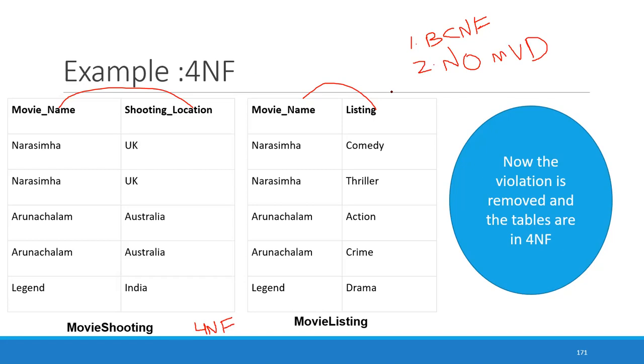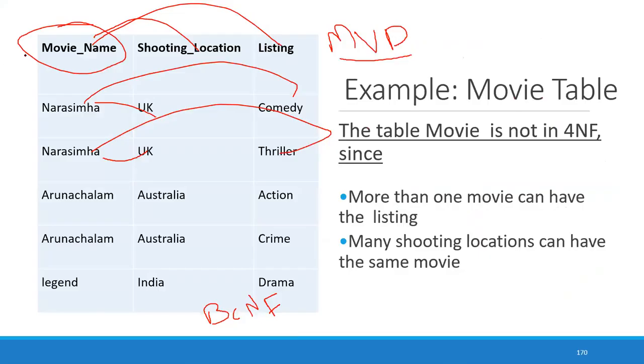So, example here, movie table. Movie name, shooting location at UK, and listing. Initially, you try to understand the relationship between these two attributes. These two are different types of attributes. They are not dependent on each other. They are independent. Shooting location is different. Listing type of movie is different.